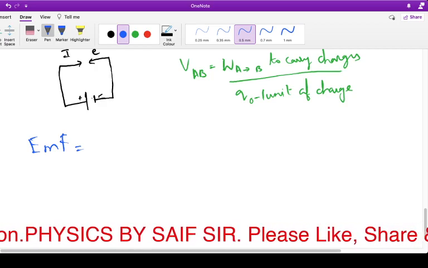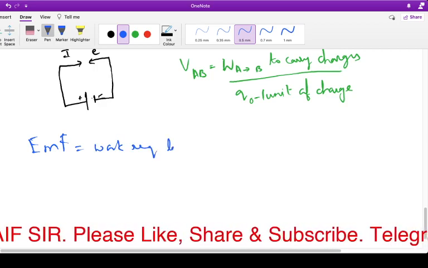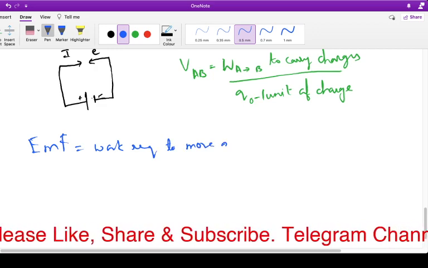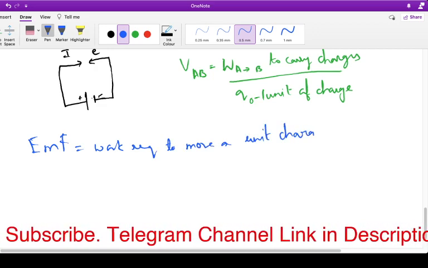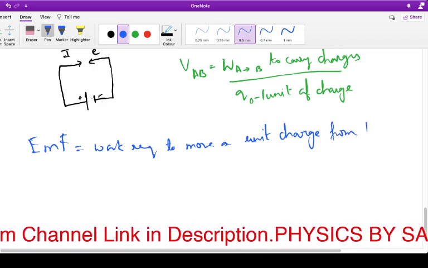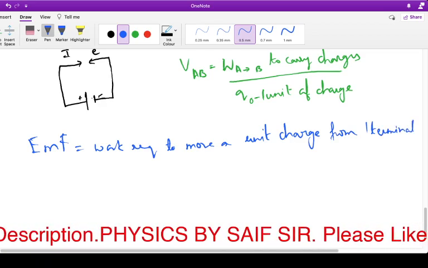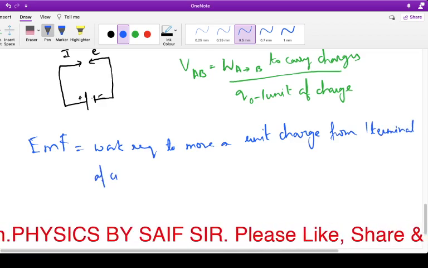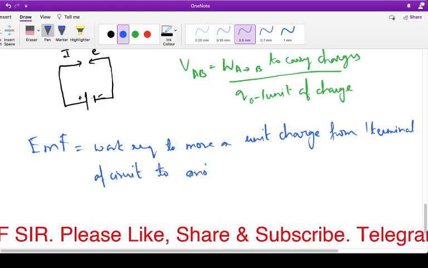You can write it as the work required to move a unit charge from one terminal of the circuit to another terminal.